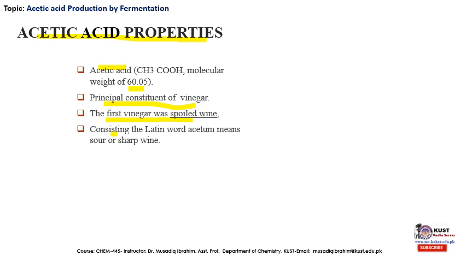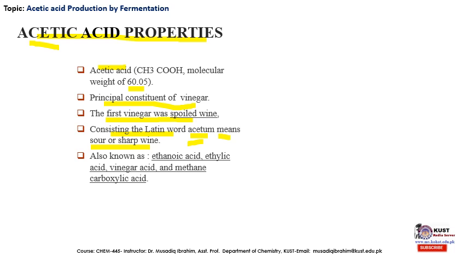The name acetic comes from the Latin word acetum, which means sour or sharp wine. It is also known as ethanoic acid, ethylic acid, vinegar acid, and methane carboxylic acid.